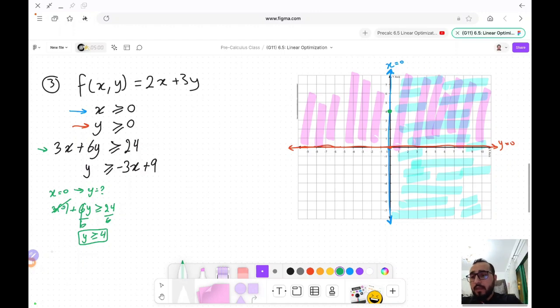Then let's set y equal to 0 to find x. 3x plus 6 times 0 greater than or equal to 24. So this part here is equal to 0. We divide by 3, so x is equal to 8.